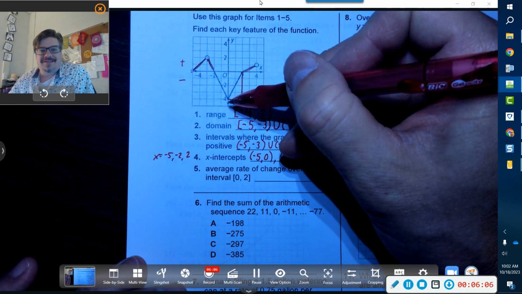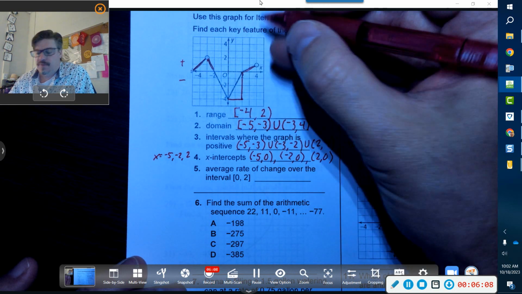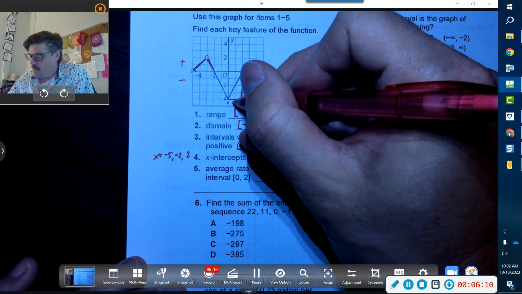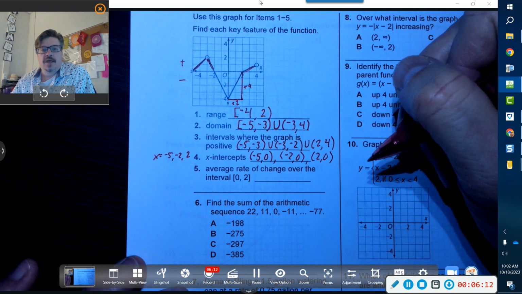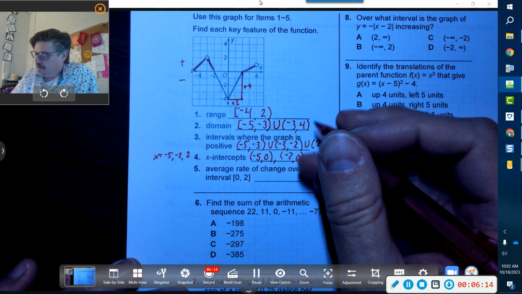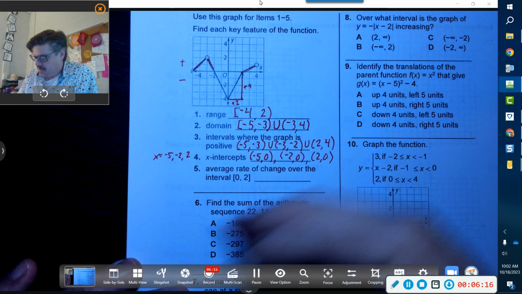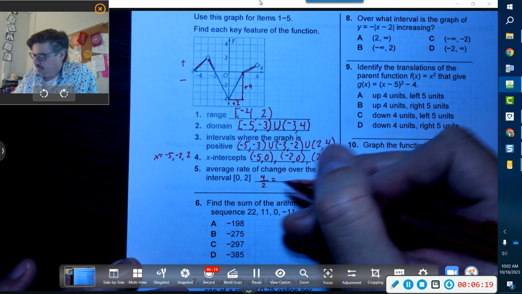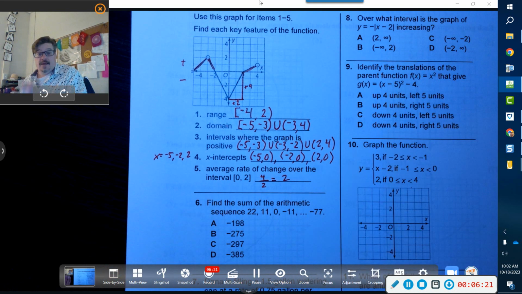You'll notice that it is 4. You're going up 4, and we're going over 2. So that is an average rate of change of 4/2, which is 2.